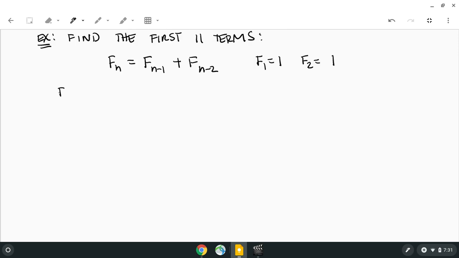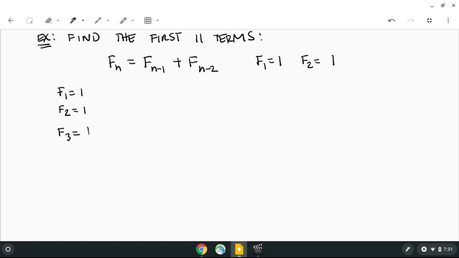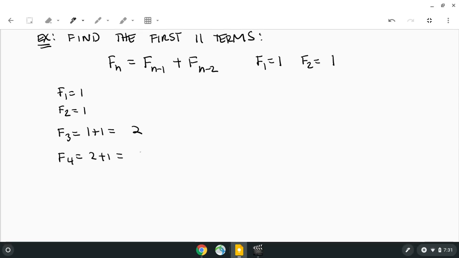So we know F1 is 1, F2 is 1, F3, add the 2 terms before it, so 1 plus 1 is 2. F4, add the 2 terms before it, so 2 plus 1, and that will be 3.